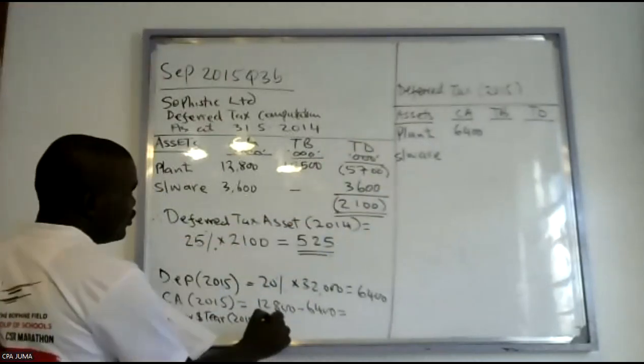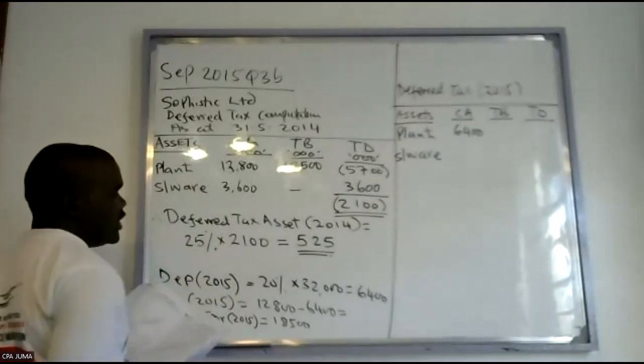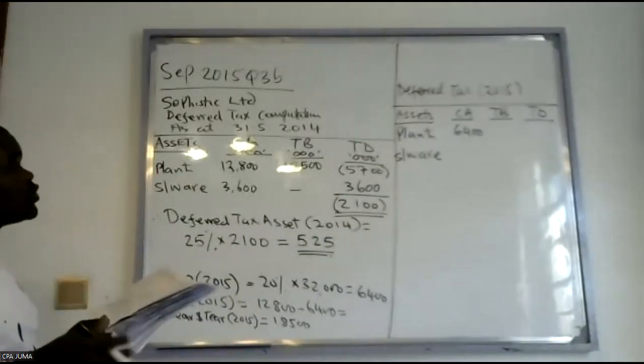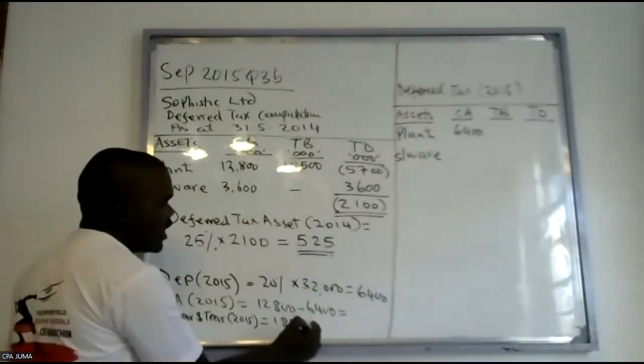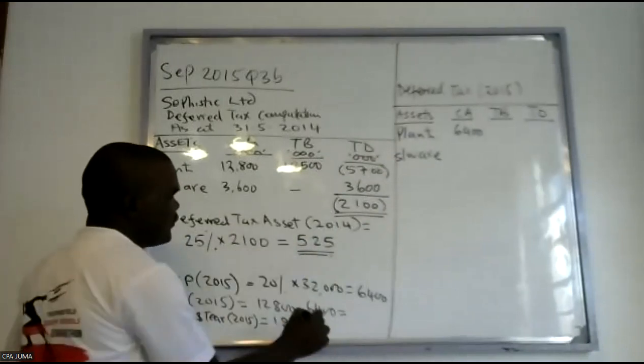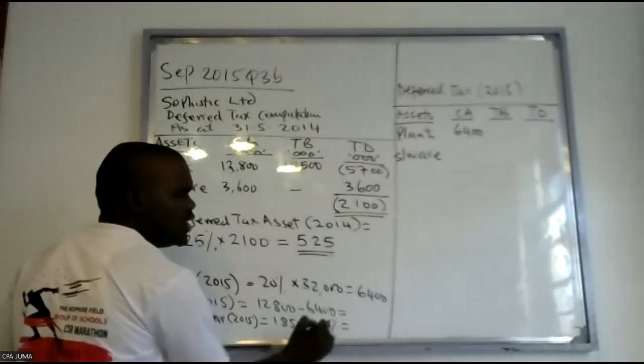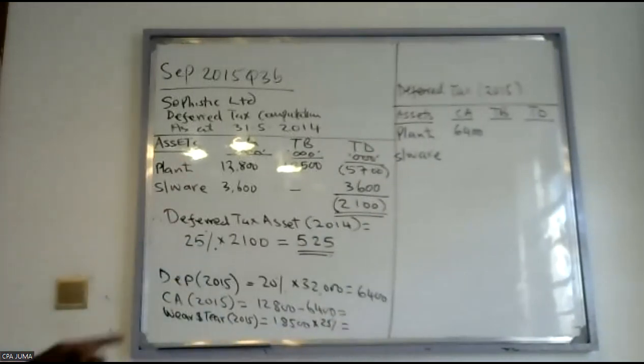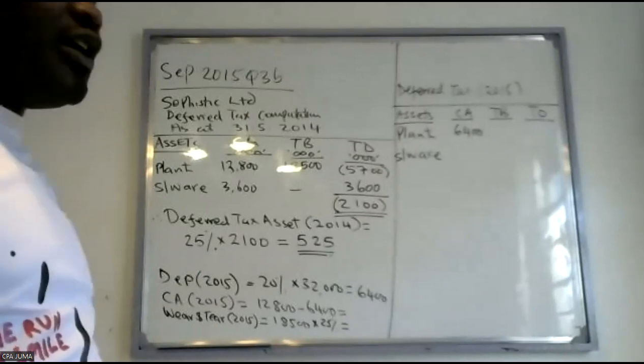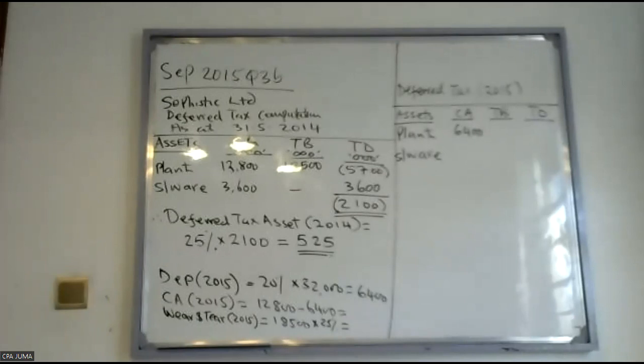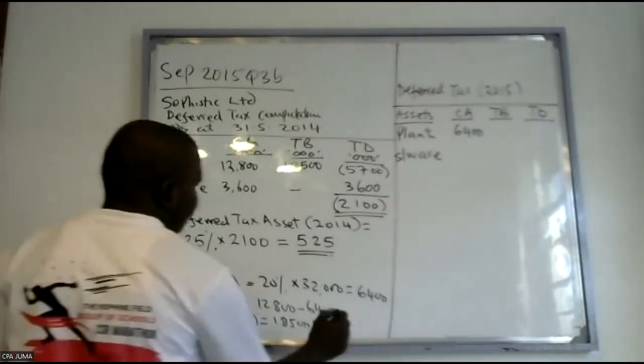So you take the 18.5 reducing, because this was the tax written down value, times the 25%. I think we did it. What did we get? 18,500 by 25%. We calculated it yesterday. Yes, 4,625. I remember that figure.